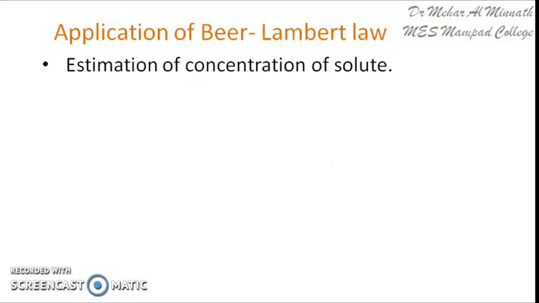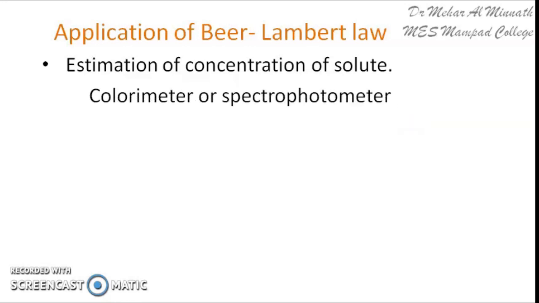Coming to the application of Beer-Lambert law, you can estimate the concentration of the solute in a solution. The amount of solute in a solution can be estimated using a colorimeter or spectrophotometer. So what you do is you take solutions containing this solute with different known concentrations, check their absorbance using a colorimeter or spectrophotometer, and plot a graph of absorbance versus concentration.